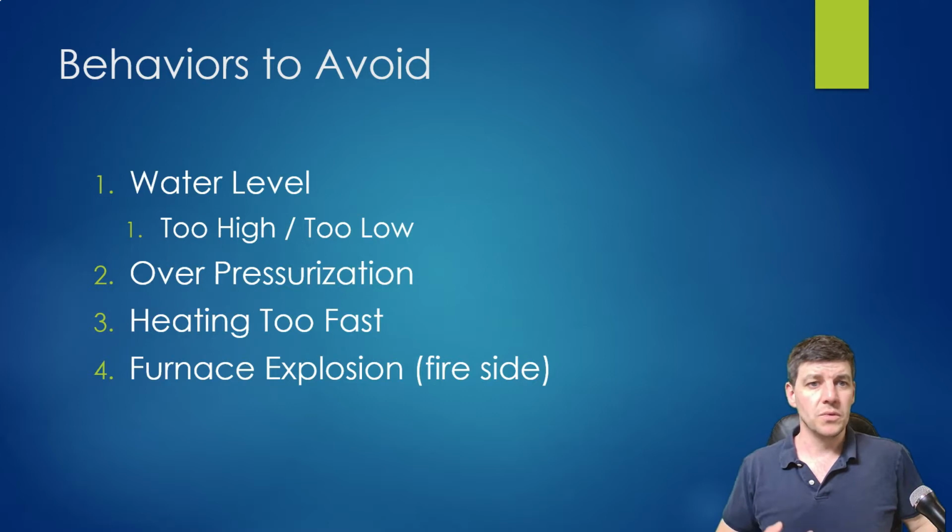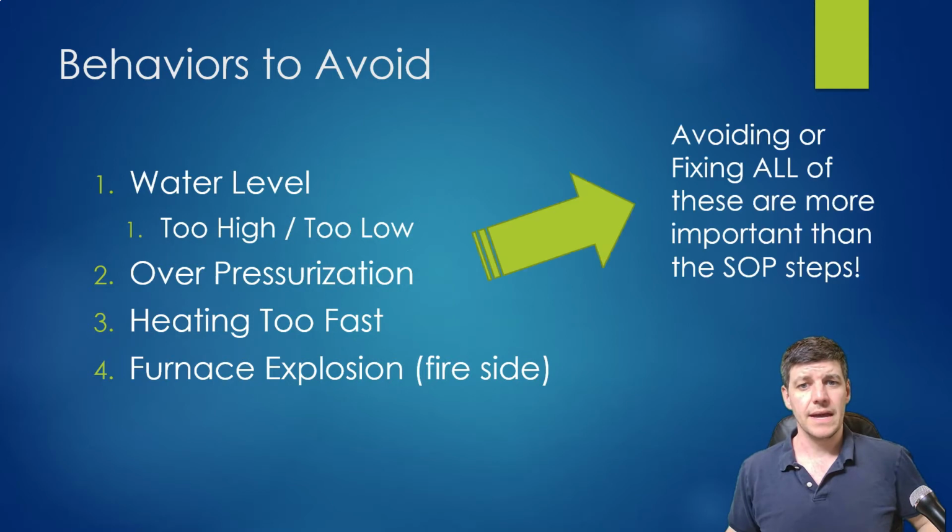Okay, and so we have four really major behaviors that we want to make sure we're avoiding, or fixing if things start to go wrong. All of these things are going to be more important than following our SOP.